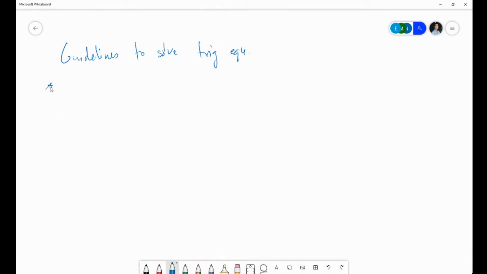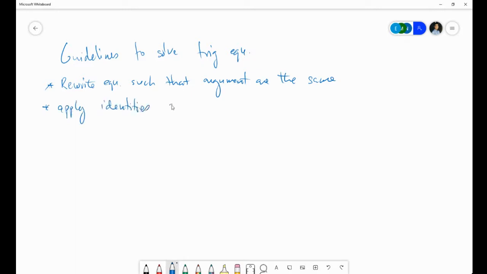You want to rewrite the equation such that the arguments are the same, and you want to apply identities such that you only have one trig function to solve.